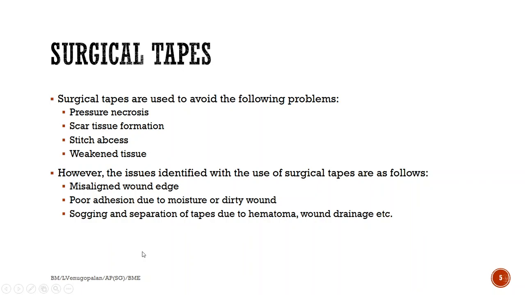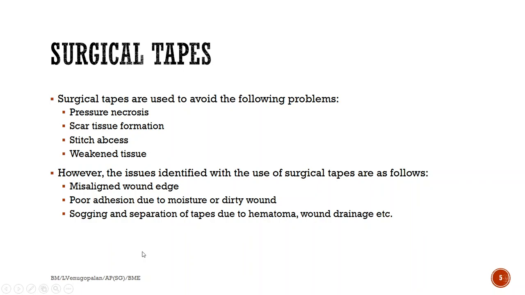However, there's a tiny problem with tapes, which is that the wound is often not a straight line, right? You have misaligned wound edges, and sometimes the sticking of the surgical tape becomes very challenging if the wound is moist or dirty, right?